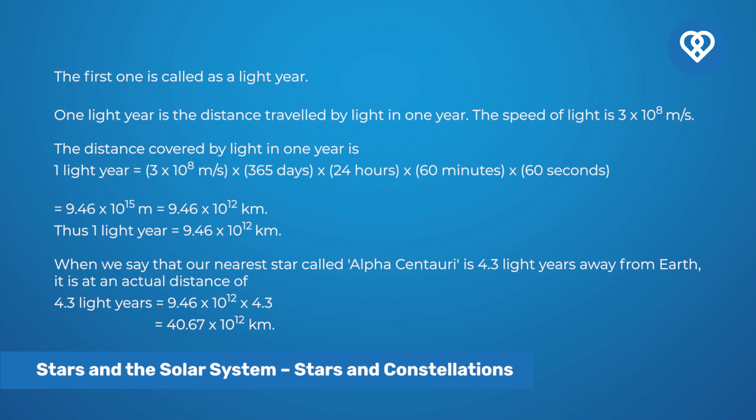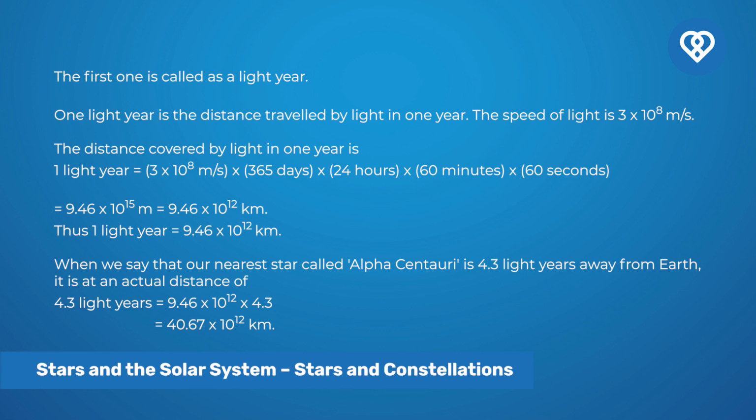The speed of light is 3 into 10 to the power 8 meter per second. The distance covered by light in 1 year, 1 light year, is equal to 3 into 10 to the power 8 meter per second multiplied by 365 days multiplied by 24 hours multiplied by 60 minutes multiplied by 60 seconds, equal to 9.46 into 10 to the power 15 meter, which is equal to 9.46 into 10 to the power 12 kilometer.